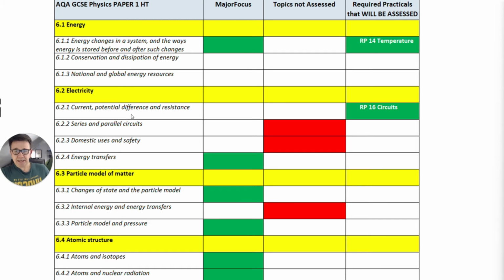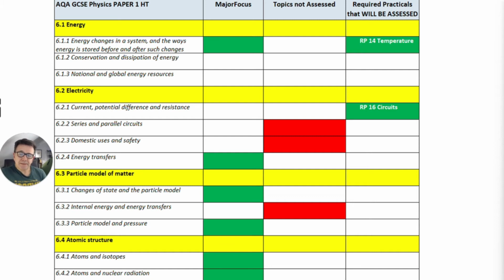Electricity, again, current, potential difference and resistance is a low tariff thing, but you're going to need to know about that so you can do the required practical question on circuits. Notice there are no questions, unfortunately, on series and parallel circuits or domestic uses and safety, but there are going to be questions on 6.2.1 and 6.2.4, energy transfers, which will be a major focus.